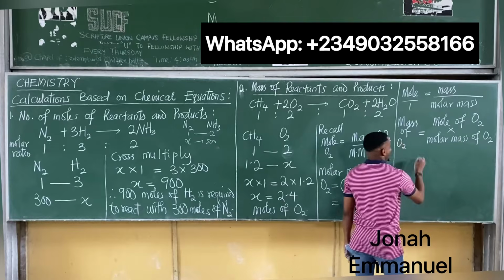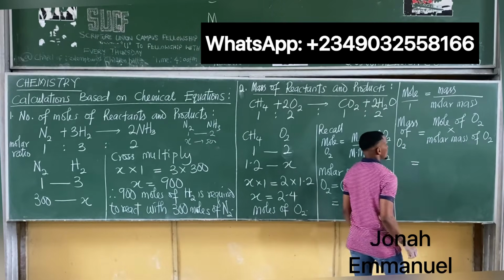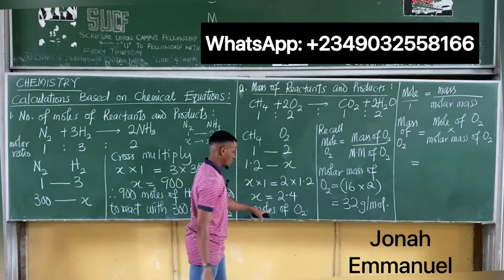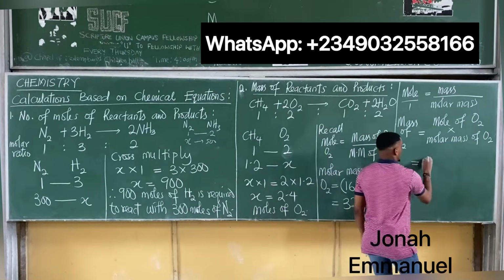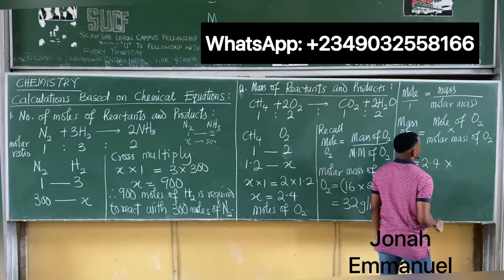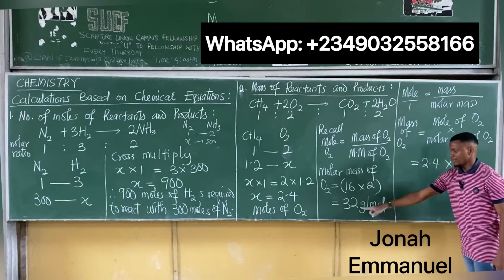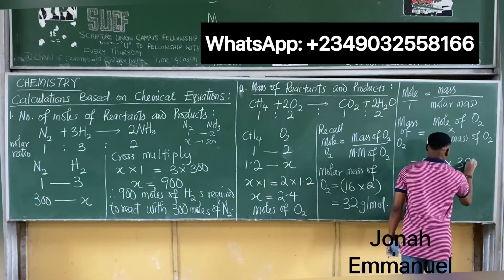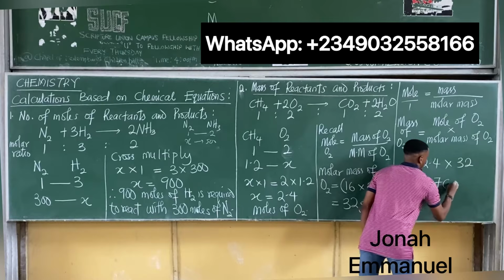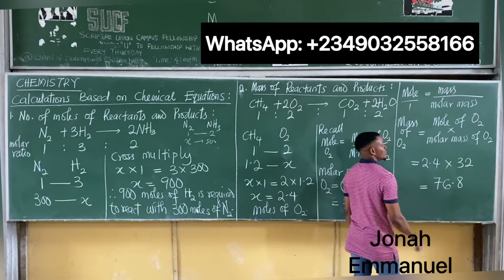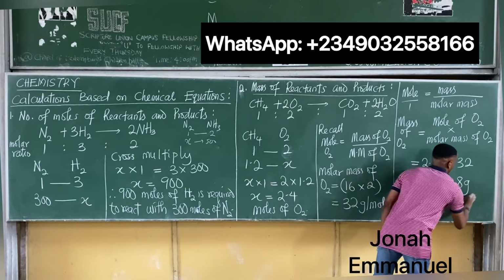The mole of oxygen is 2.4, which we got from here, times the molar mass of oxygen, which we've calculated as 32. Please multiply this. What do I have? 76.8. Mass here is in gram.